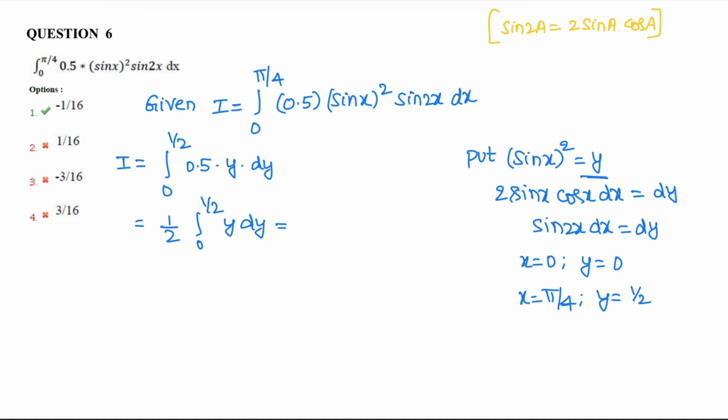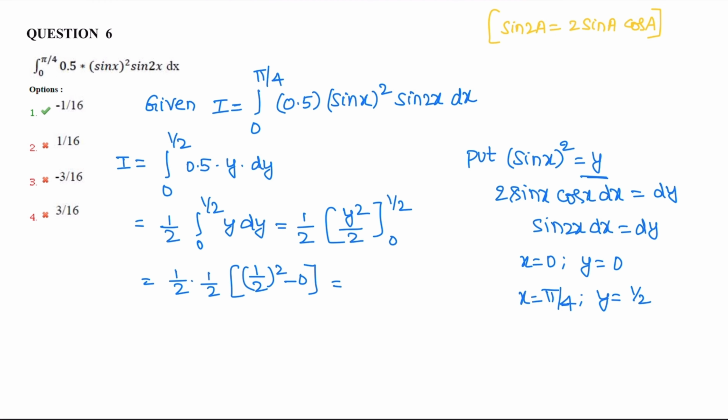So that is integral y is y square by 2. So y square by 2 from 0 to 1 by 2, 1 by 2 into 1 by 2. So y square is 1 by 2 whole square minus 0. The value of integral is 1 by 16. Correct option is 1.